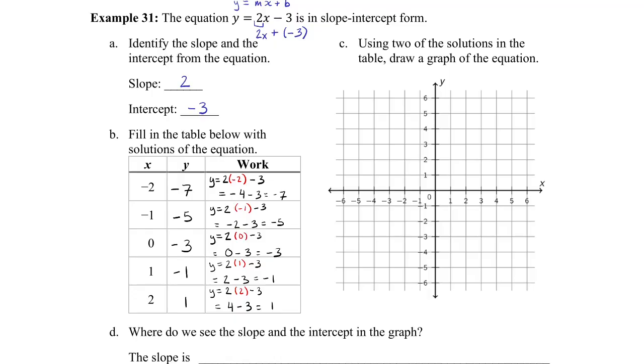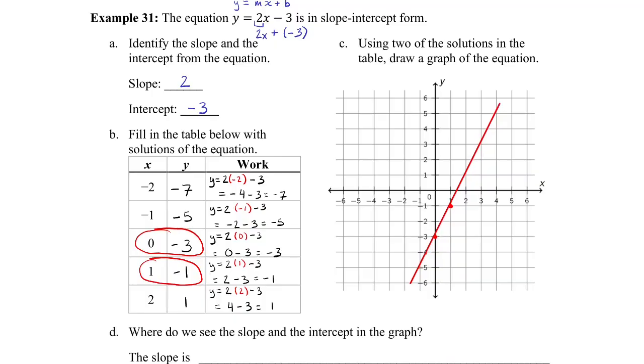5 solutions is way more than we need to draw a line, of course. So we're going to pick two of them and use them to draw the graph. And I'm going to choose 0, -3, and 1, -1. So 0, -3 is this point here. 1, -1 is this point here.